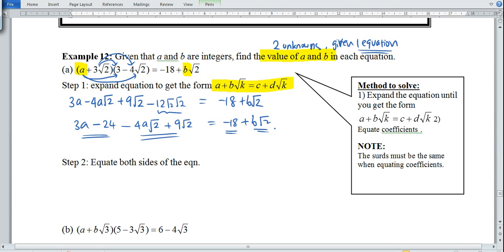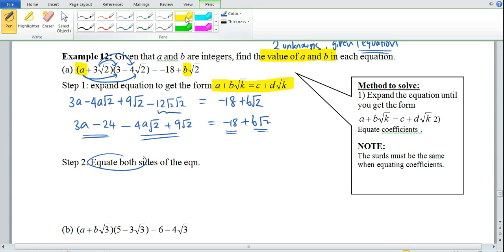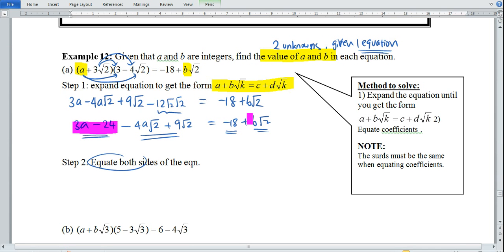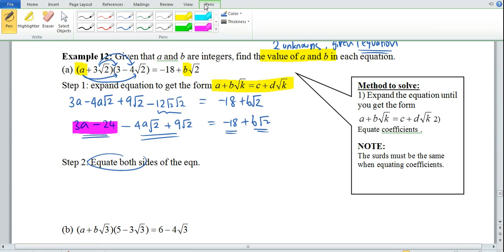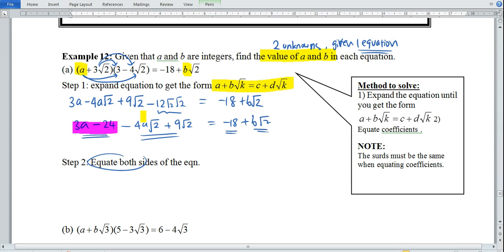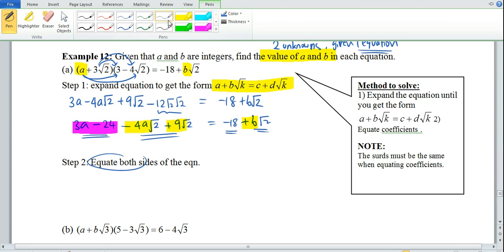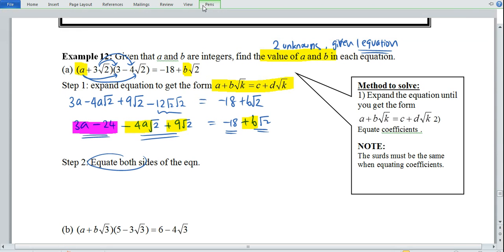This is convenient for us to see the comparison. If I were to compare and equate both sides, the constant terms are here, and the terms with square root 2 are over here.